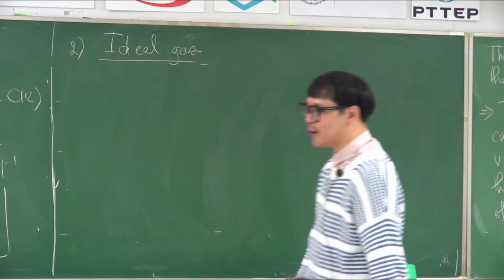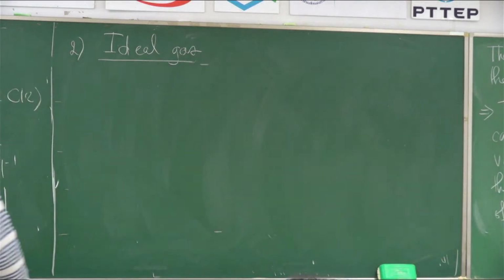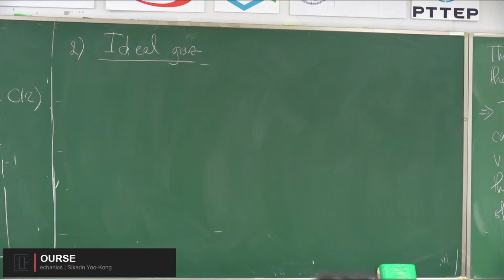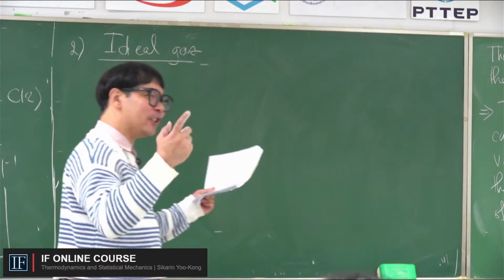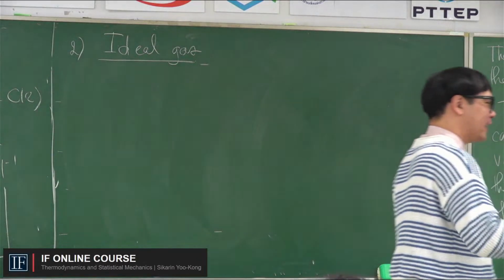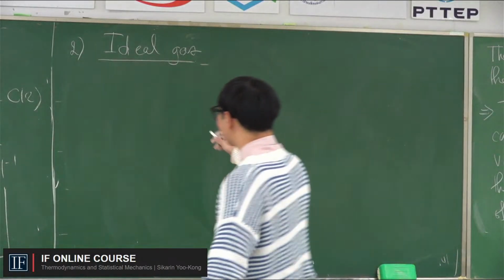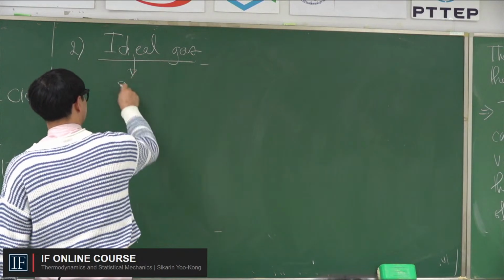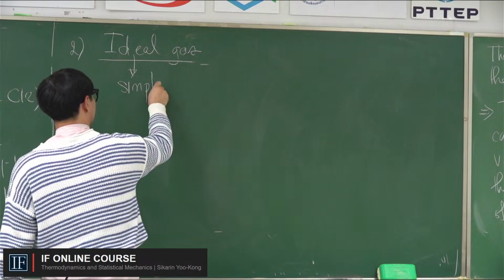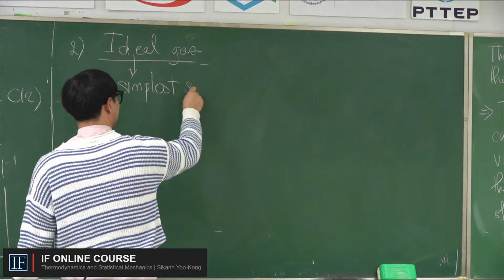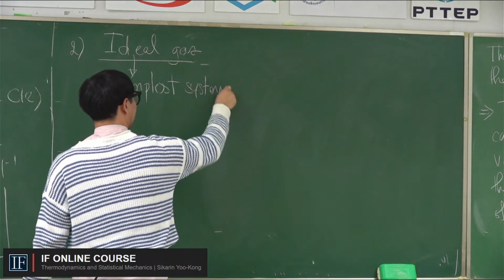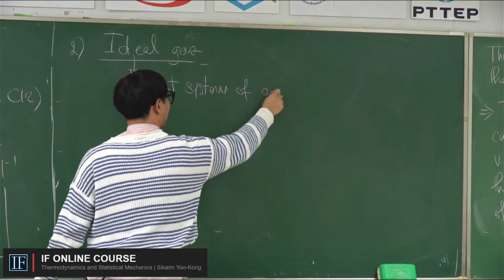Okay, the ideal gas is not a real gas. Because it's called ideal, right? Then it doesn't exist. It means the simplest somehow. The simplest system of gas, I would say.